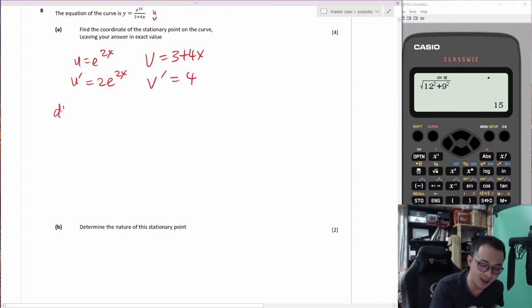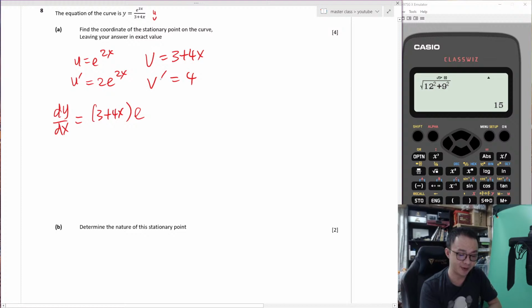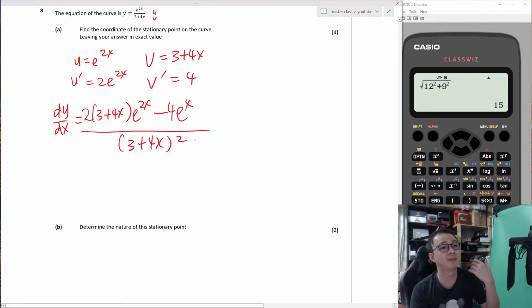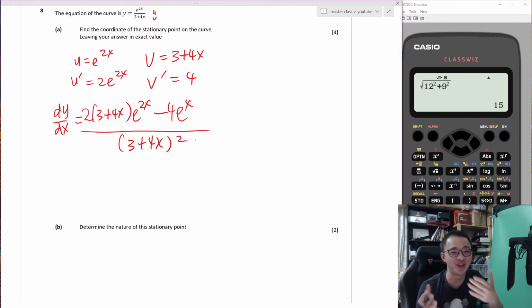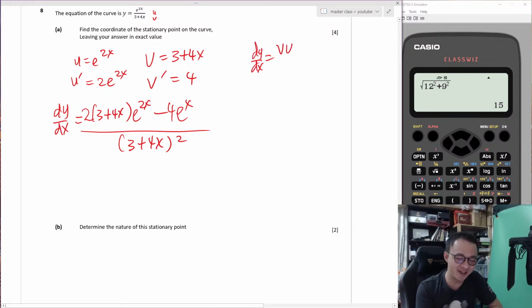So dy/dx is v first, 3 plus 4x, multiply 2e^(2x), minus u, e^(2x), multiply v prime, over v squared. Alright, this is the quotient rule, not the product rule. So the quotient rule is v du minus u dv over v squared.